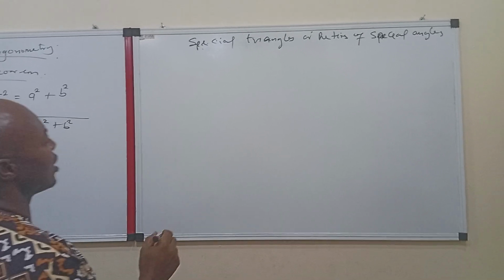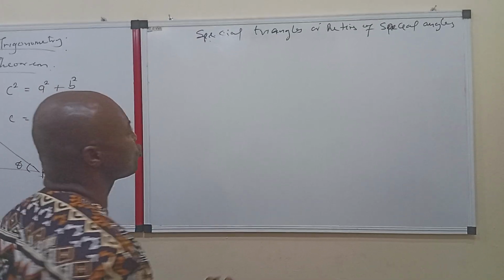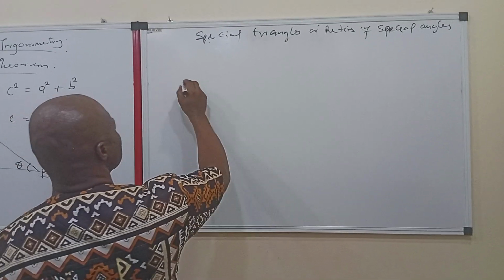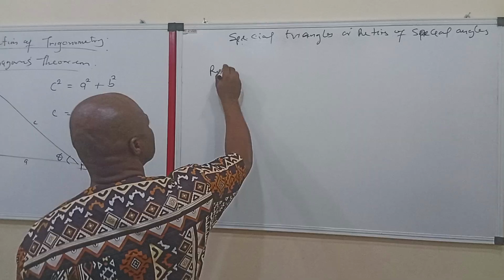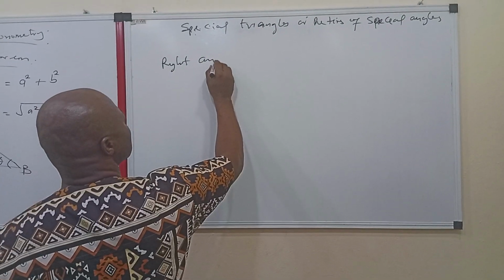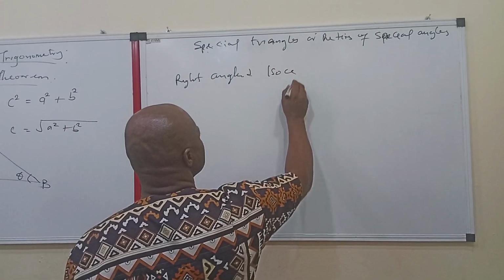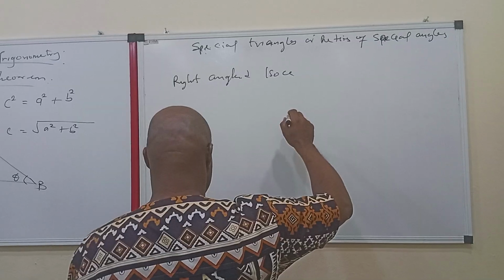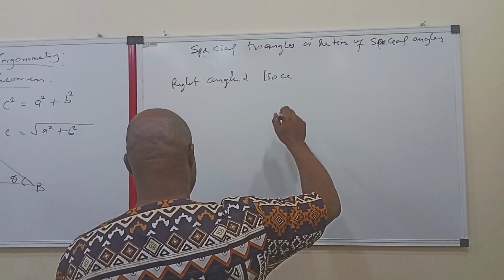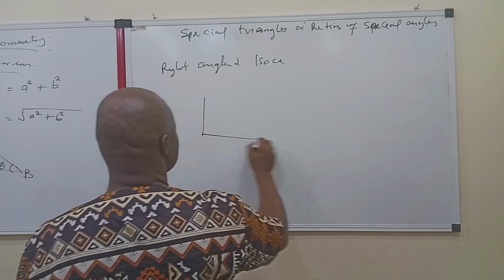I'm interested in a right-angled isosceles triangle, which is of this form.